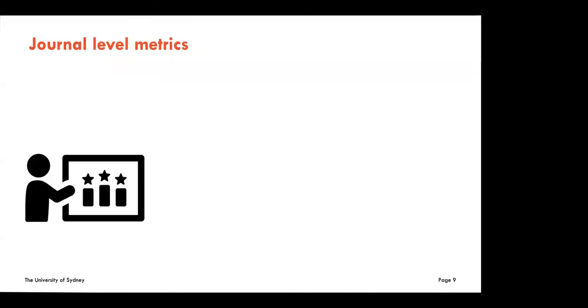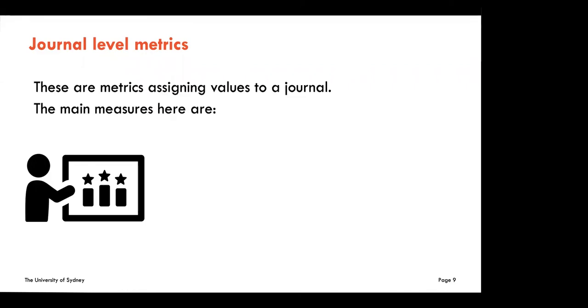Okay, and the last grouping of metrics are journal level metrics. Funnily enough, these assign values to a journal. The main ones here are the ranking tools. So there's the Scimago journal rank, the journal impact factor, and CiteScore. These are just ways to rank journals within a subject area.